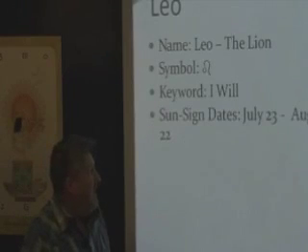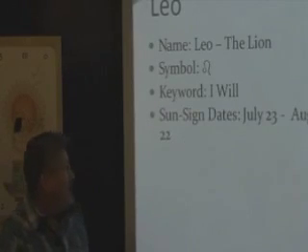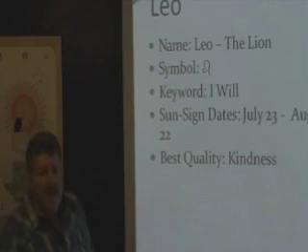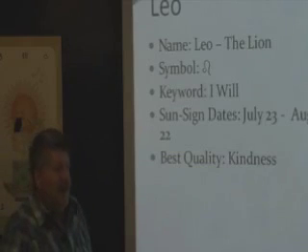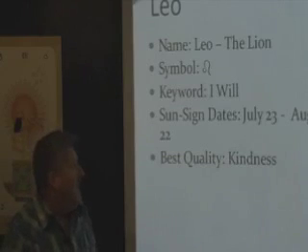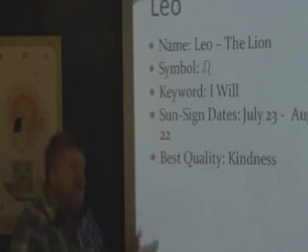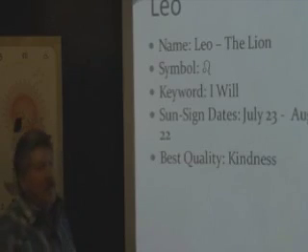And the sun is here from July 23rd to August 22nd. The best quality of Leo is kindness. They're concerned about other people's feelings. They want to make sure that they got the right gift for your birthday. They're sending thank you notes for dinners.